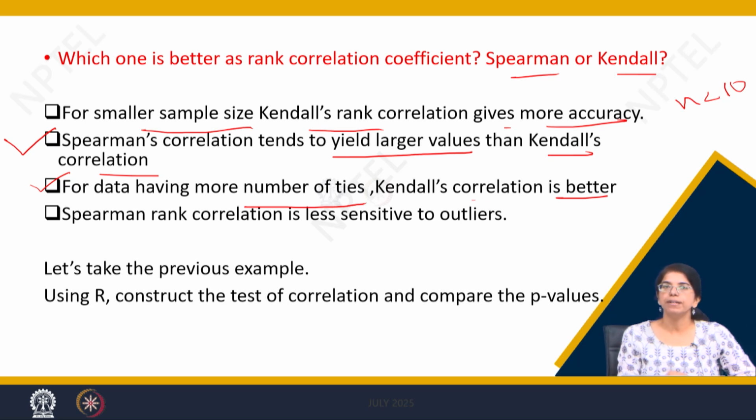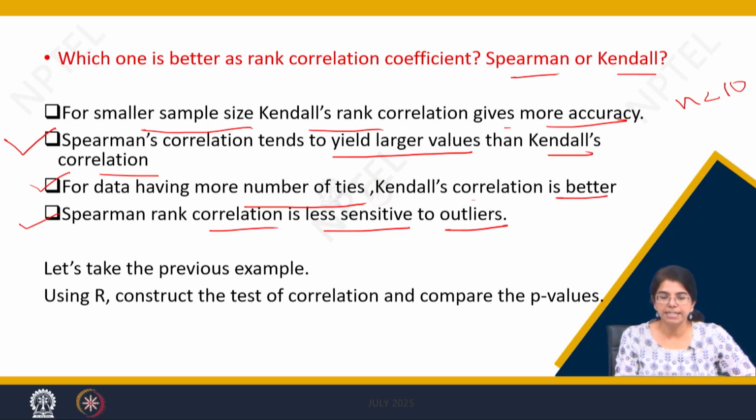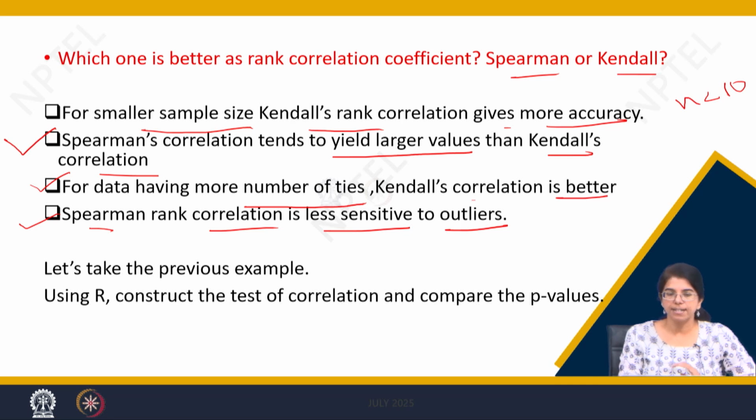So in case you have repeated observations, Kendall's correlation will be better to use. And Spearman rank correlation is less sensitive to outliers. That means in case you have extreme observations, dirty observations, which I think I used as a word in the last lecture, meaning outlying observations, then you can use Spearman rank correlation because it is less sensitive.